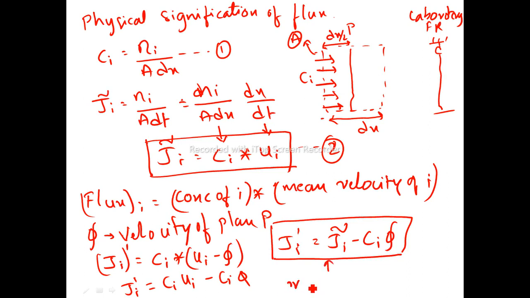This is all about the flux and the physical significance of the diffusion flux. This is a very important equation used everywhere. The physical significance is that the flux of I is equal to Ci into the mean velocity, concentration into mean velocity.